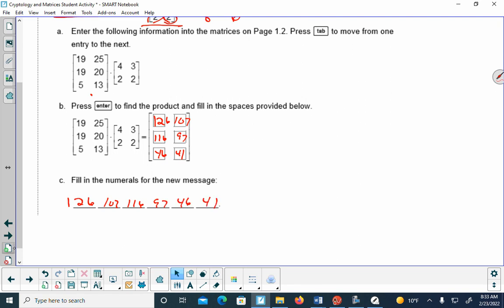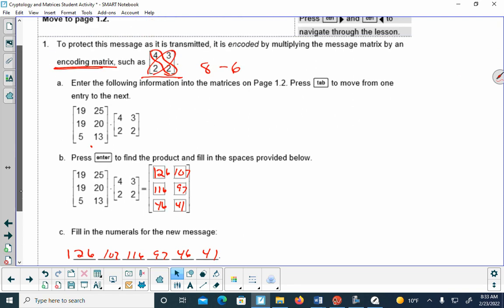If I'm sending this message across the world and I don't want anyone to intercept or decode it, I don't even want to give them a hint as to what size matrix I used to code it. So you're just going to write a long list of the numbers. One thing you should notice is that these numbers are not between 0 and 26, and they will not be between 0 and 26.